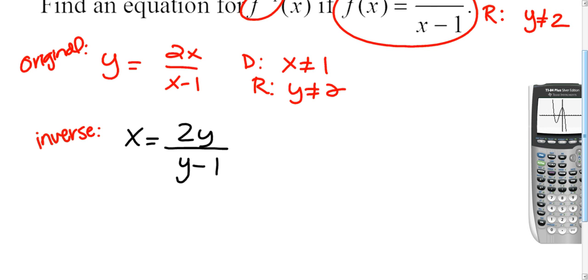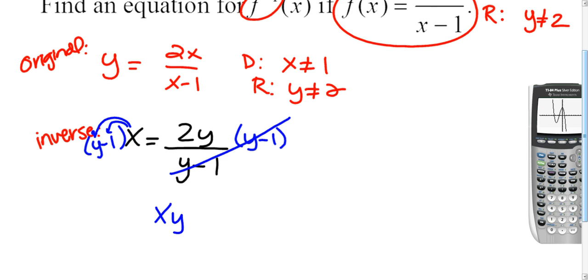Okay, so in order to resolve for y on this problem, I need to get y by itself, which is slightly tricky on this problem. But I'm going to multiply both sides by y minus 1. That will cancel those out. Okay, and then I'm going to distribute this x through so that I have xy minus x equals 2y.